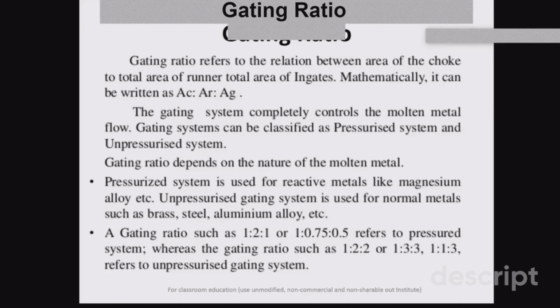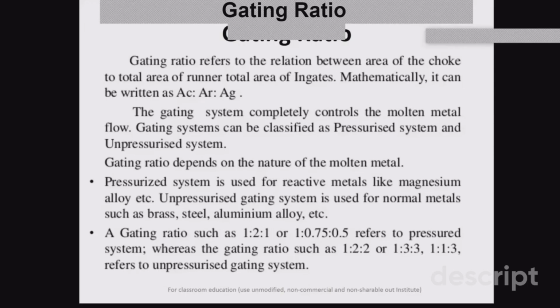So first there will be a choke area, then the runner area will somewhat reduce, and finally the gate area will be the minimum. In this case, the material is being pressurized, and the molten metal will have maximum pressure at the exit of the gate. And in an unpressurized system, the area gradually increases right from the choke to the gate.